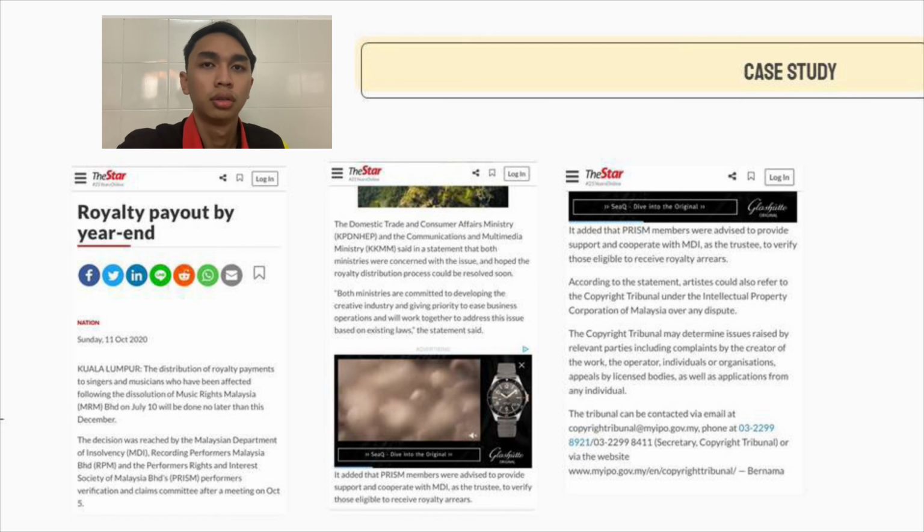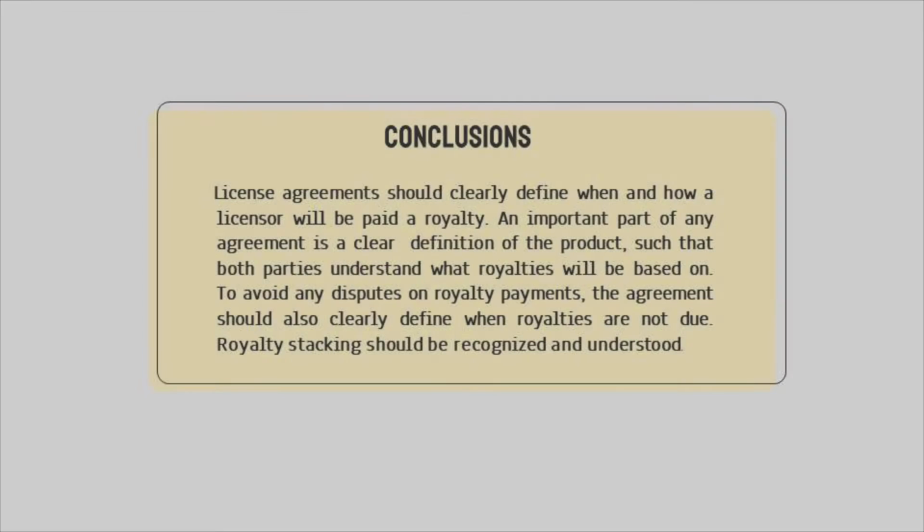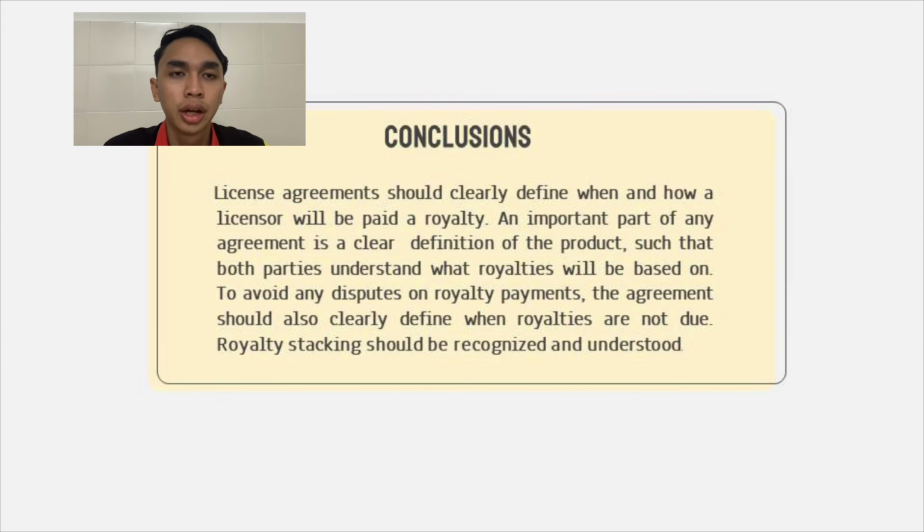So, in conclusion, if we are doing a license agreement, we need to define and state the information clearly in order for the licensor or the licensee to be paid the royalty.